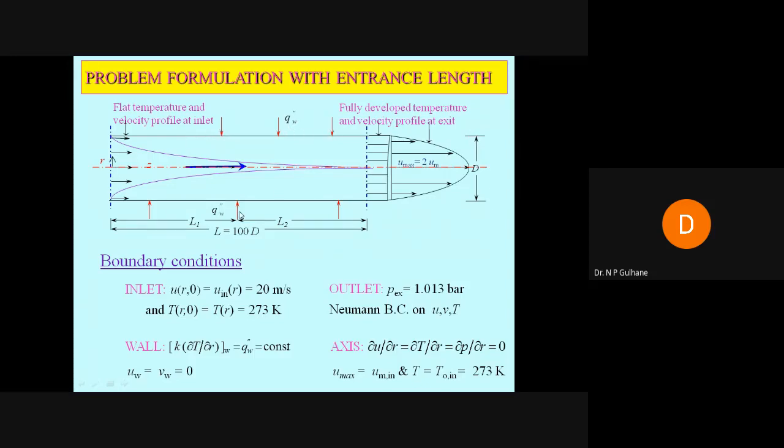You can see the red color Q double prime W. You can see fully developed temperature and velocity profile at exit. The only thing is, instead of a fully developed profile, the profile is flat. That is called uniform temperature and velocity profile at inlet. So each and every vector you can see is equal. It is not fully developed. Why? Because when flow is taking place through any pipe, it is not possible that it will immediately get fully developed.